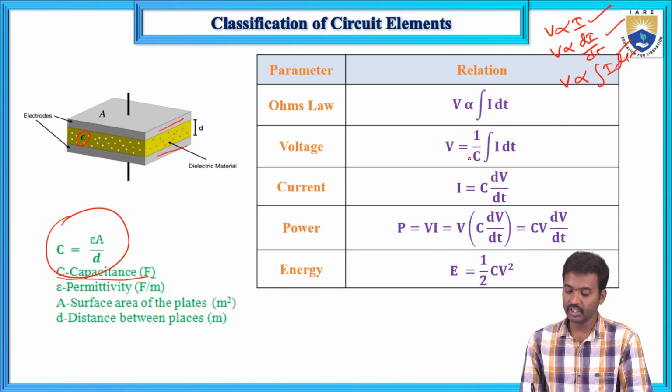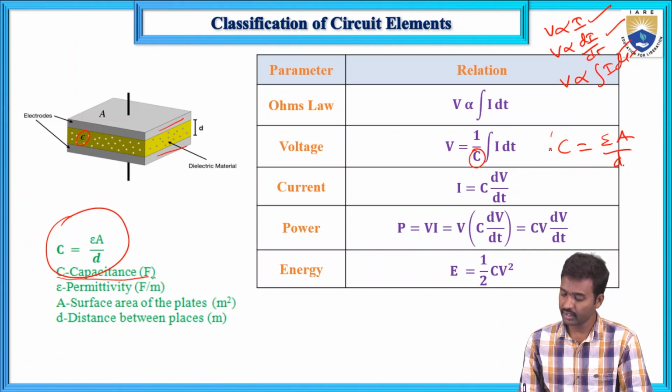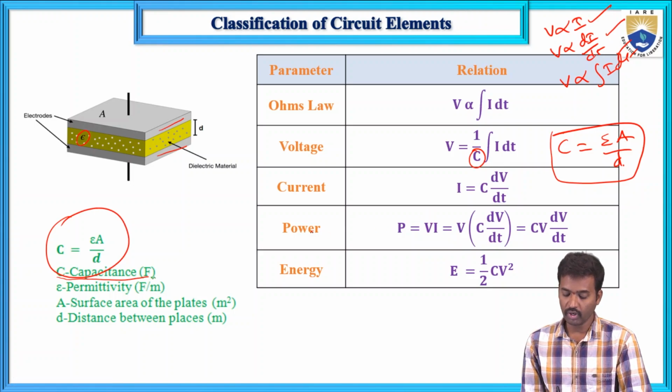C is the proportionality constant, C equals epsilon A by d. If you differentiate with respect to t, I equals C dV by dt.